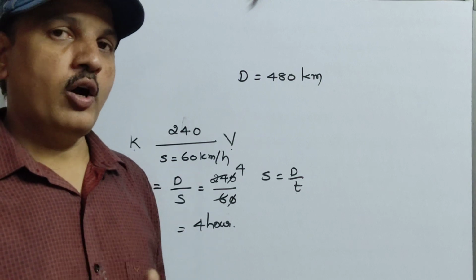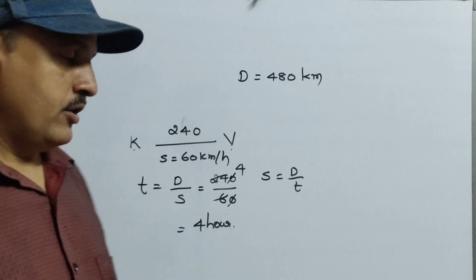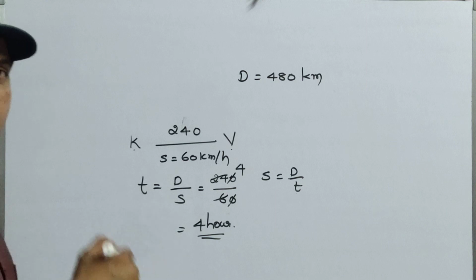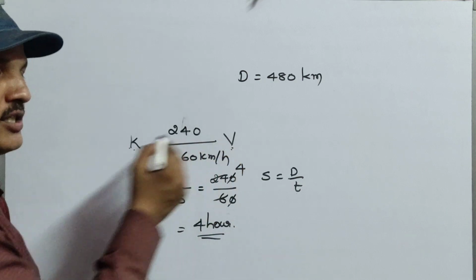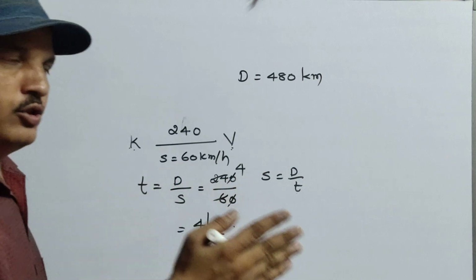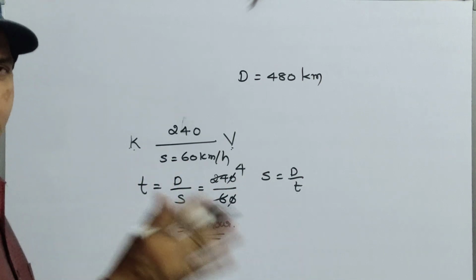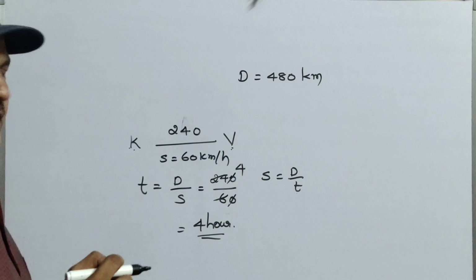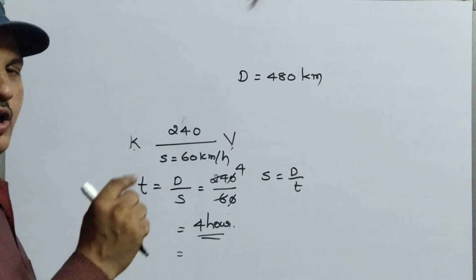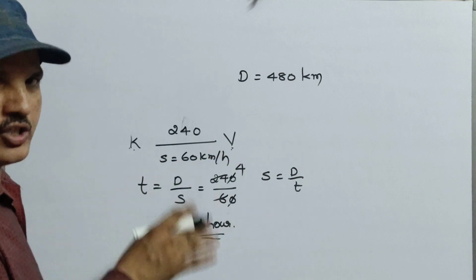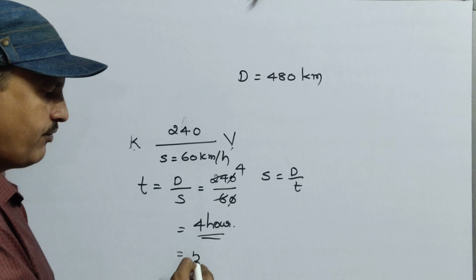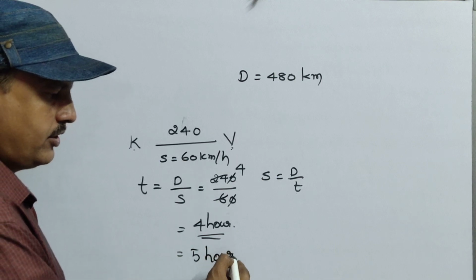So obviously, you have to reach Vizag in 4 hours, but in the middle, while you are traveling from Kakinada to Vizag, you have faced some problems, like you stop for breakfast or something like that. Then what happened? It took some extra time, approximately 1 hour extra. Example, 1 hour extra. That means 5 hours it's taking.